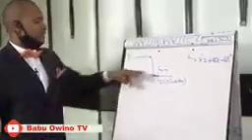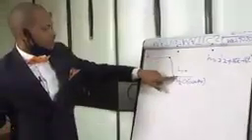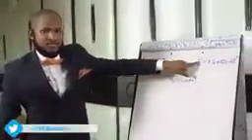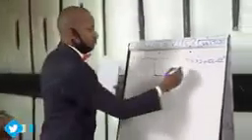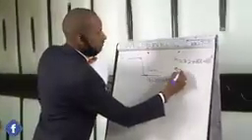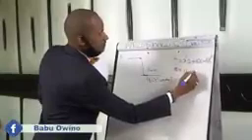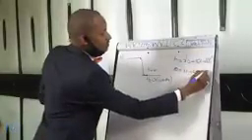Therefore, if they want the time taken for the diver to hit the water surface, we replace the height with 0. So here is 0 equals 32 plus 16t minus 16t squared.